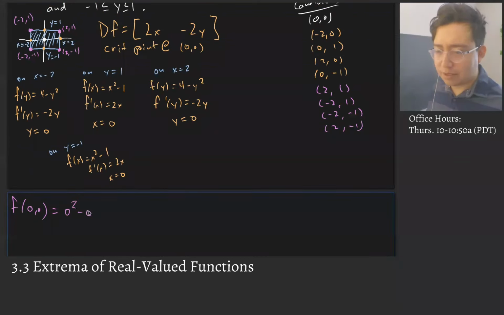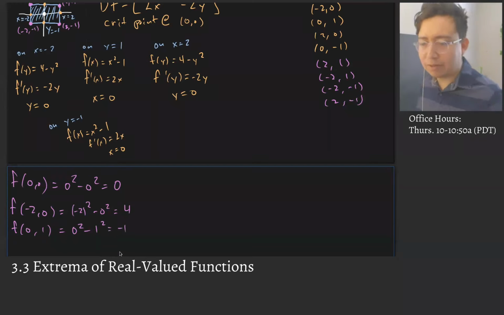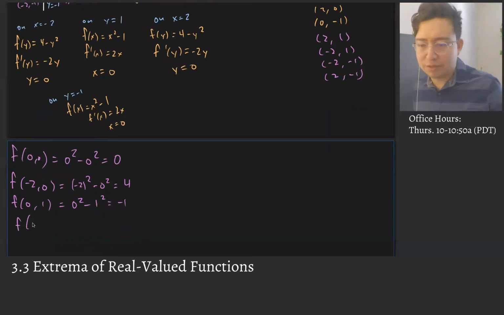And we do f of 0, comma 1. So then we do 0 squared minus 1 squared. So we get -1. Okay. f of +2, comma 0. So we get 2 squared minus 0. So we get a 4. And then missing one here, 0, -1.